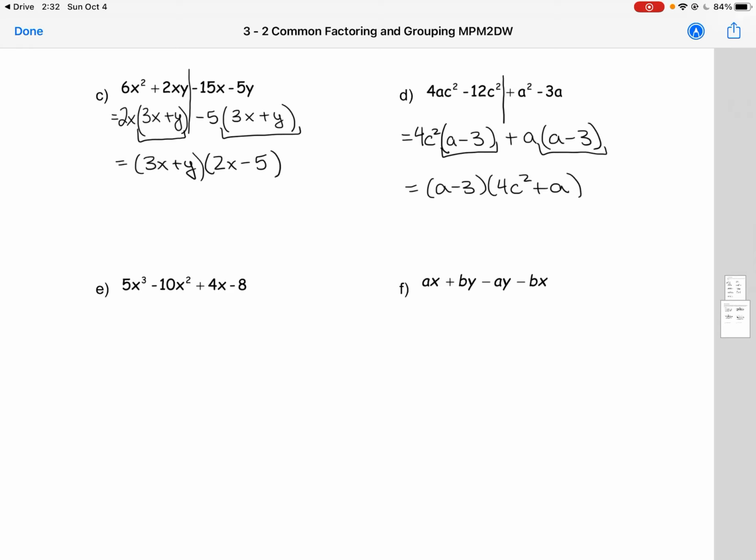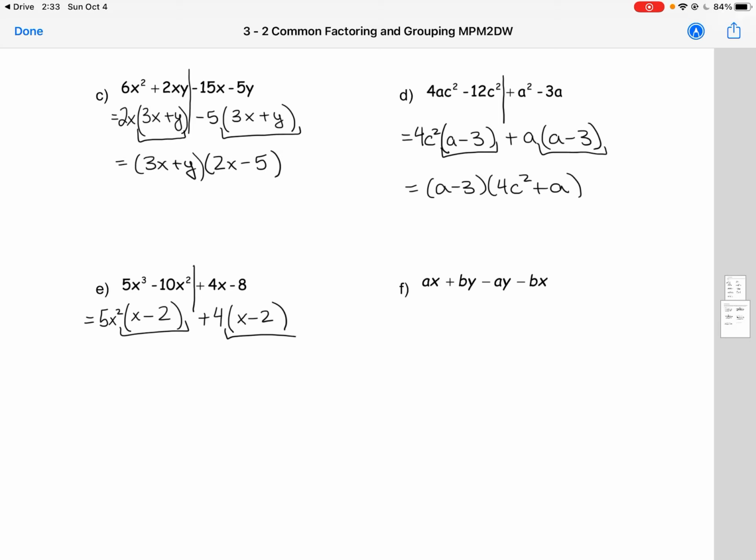Last two examples here. So again, I'm going to divide this into two groups and notice that my first two terms have a greatest common factor of 5x squared, which gives me x minus 2 when I factor that out. I'm then going to notice that my second two terms have a greatest common factor of 4, which is going to leave me also with x minus 2.